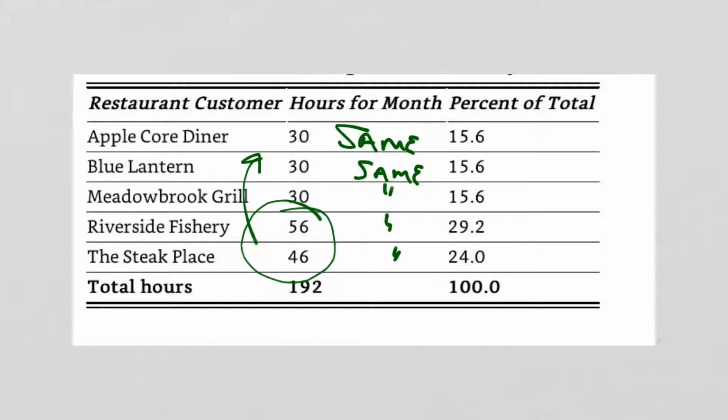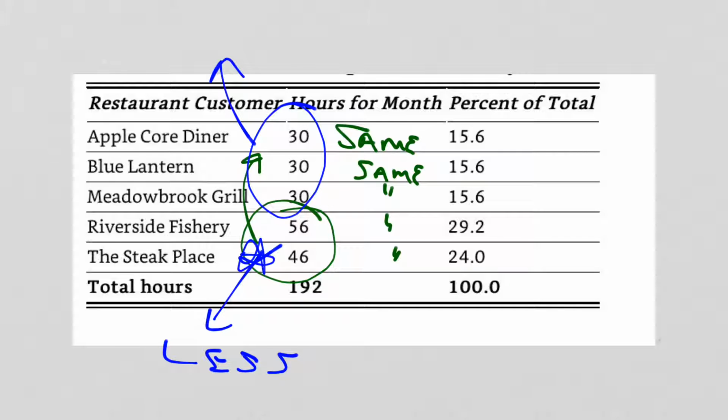We would have put less here because they are ordering the same amount, and we would have put more here than what is really happening. Meaning more time is spent for these clients than the clients here.